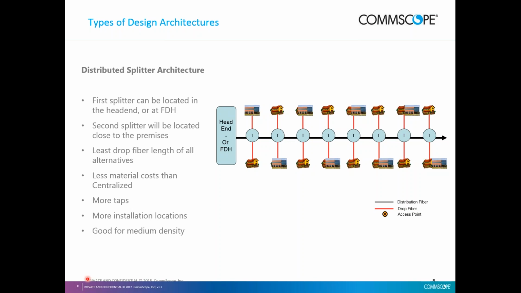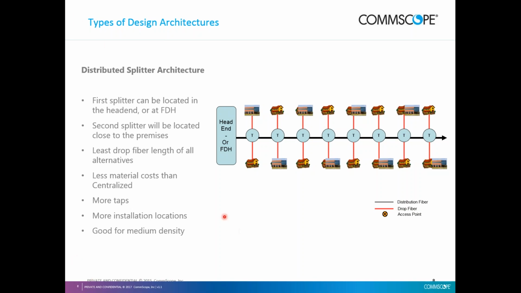And that would be the complement. If it's a 1x4 back in the fiber distribution hub, then we're going to have 1x8s out in the field. In this example, we could have a 1x16 splitter in the head end and then 1x2s at each one of those tap locations. The combination of those two splitters together is going to give us our 1x32 split, or our 17 dB optical loss in the transport network.